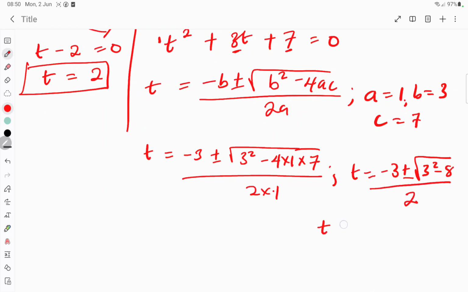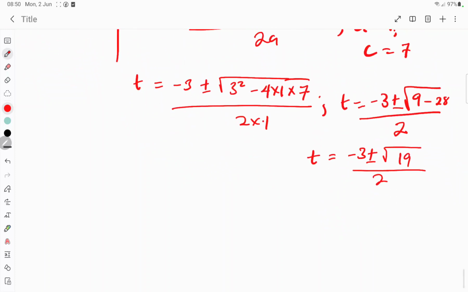This will be t is equals to minus 3 plus or minus the square root of, this is 28. Who wrote 9? 9 minus 28. So you can now see that 9 minus 28 is basically minus 19, divided by 2.